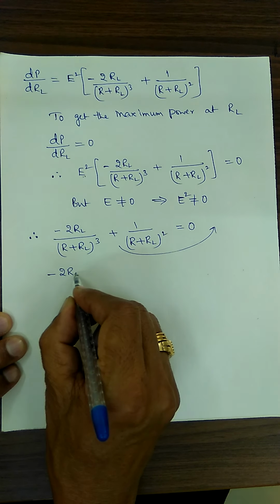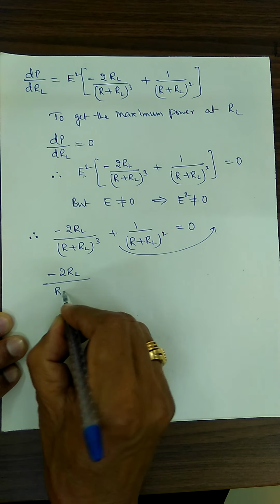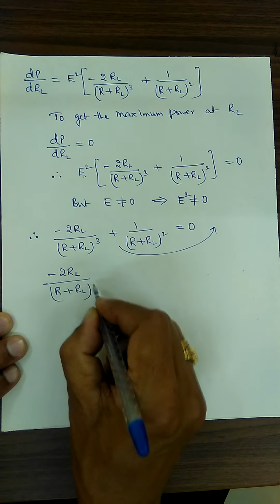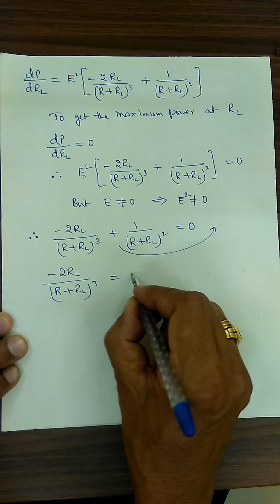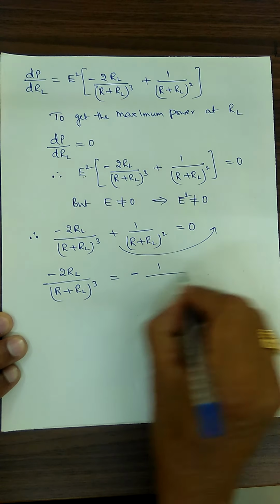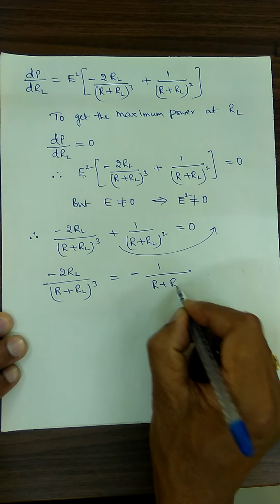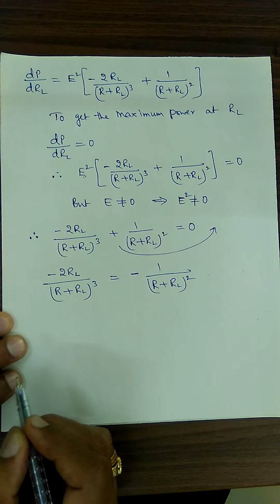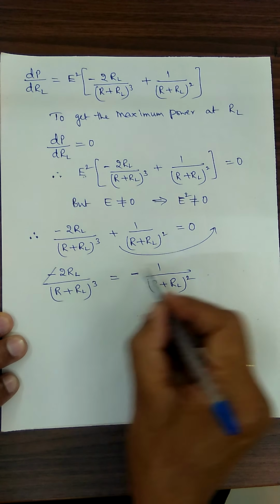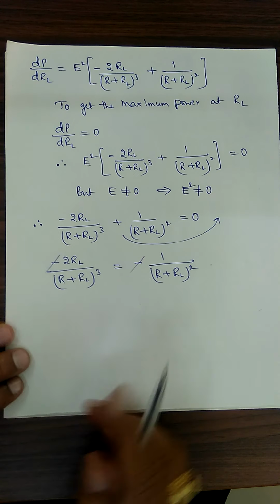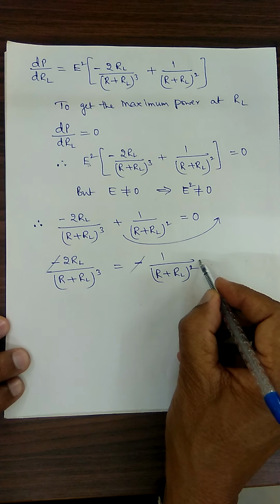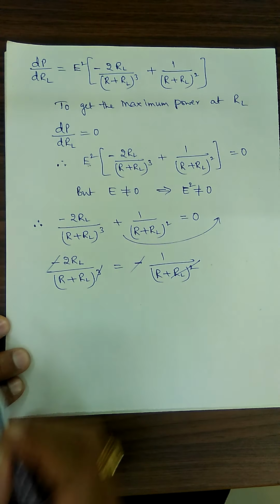Minus 2RL divided by (R plus RL) whole cube is equal to minus 1 divided by (R plus RL) whole square. Negative sign gets cancelled. (R plus RL) whole square here and here get cancelled.